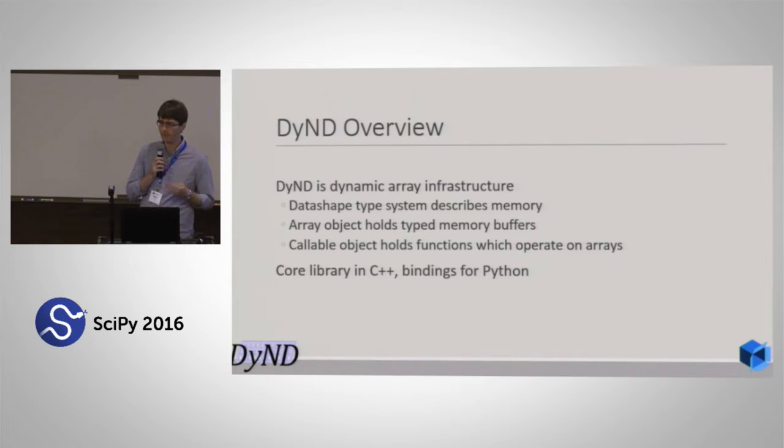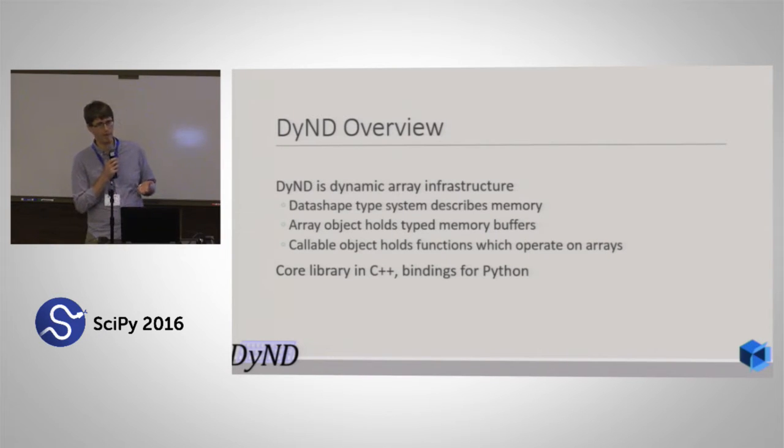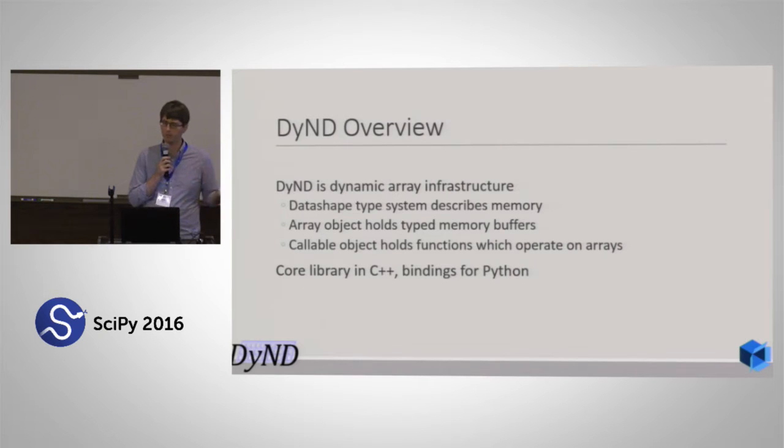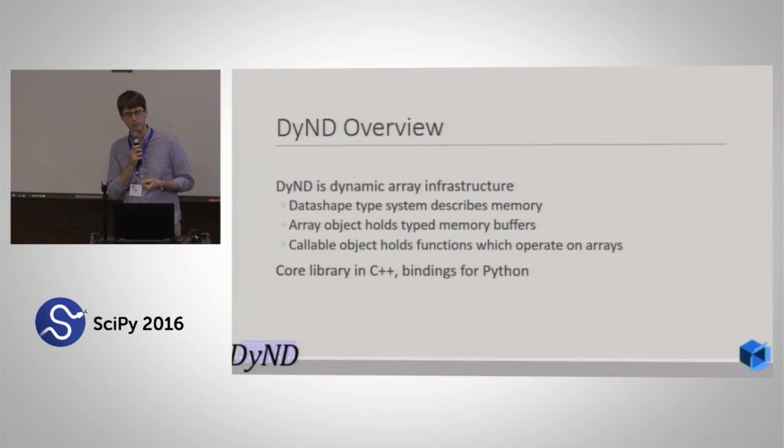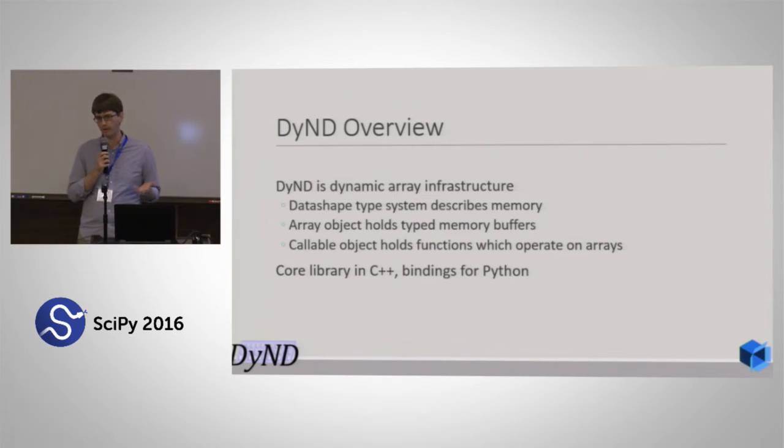A lot of native language bindings are very tightly bound, either statically or to very specific memory layouts, but there are common patterns of how your floating point is laid out, your integers work, and strided arrays are very common across systems, but it's not often easy for these different systems which talk the same language at the core to get the data across to each other at the fringes.